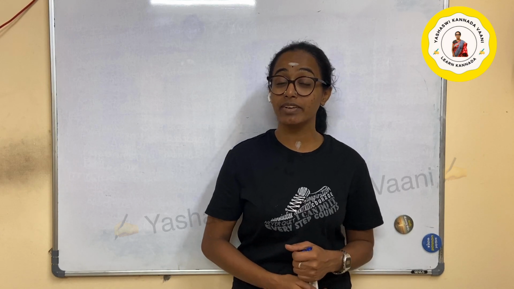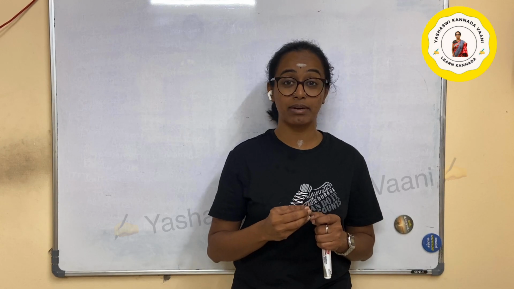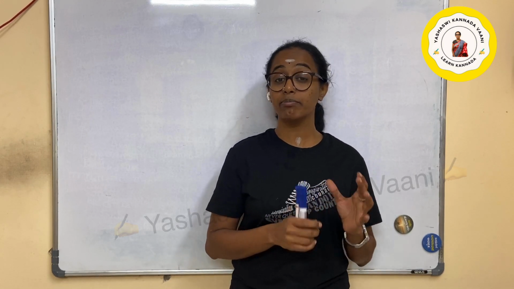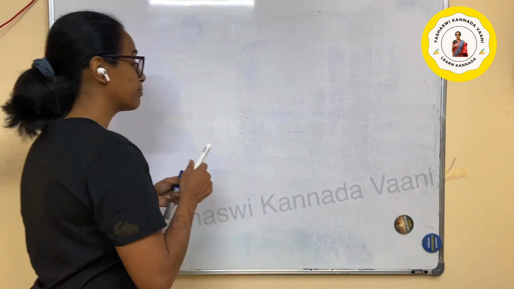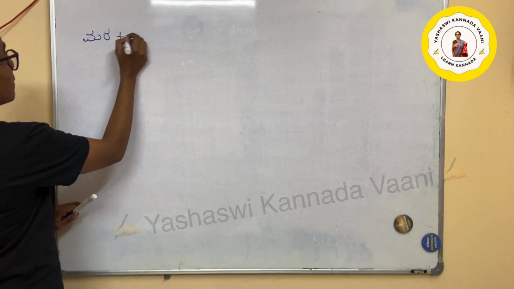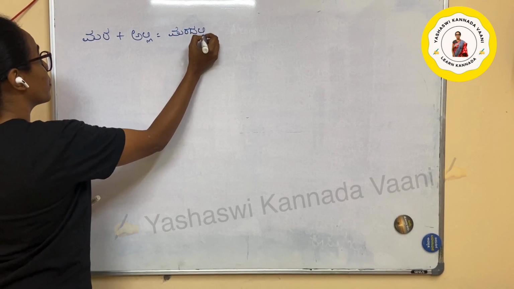And today, what are we doing? Today we are going to do the grammar part, and this is the 9th part of the grammar. Till here we learned mainly how to join words in different cases. For example, mara plus alli will sound maradalli.